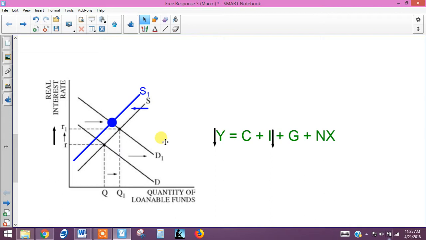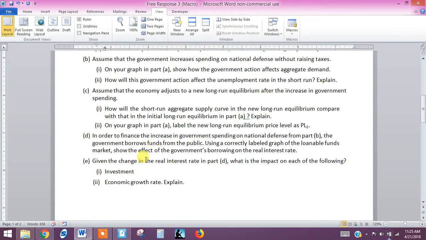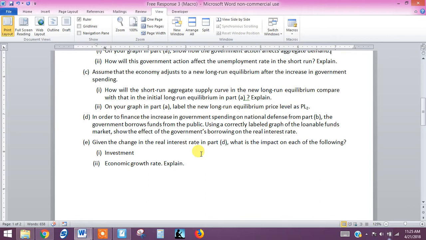Okay, so now if the real interest rate goes up, think about that. Then the last part of this, I think, is we're being asked, what will this increase in the real interest rate do to domestic investment? And that's what they're talking about here, mainly.